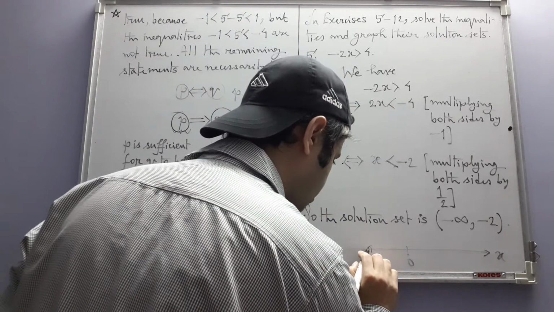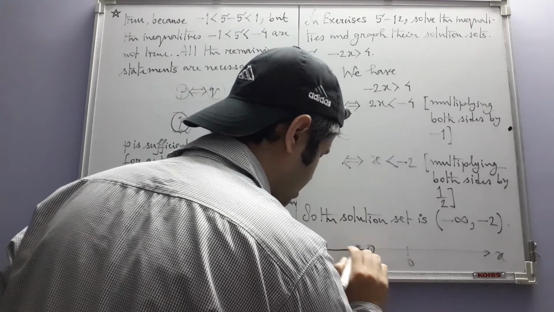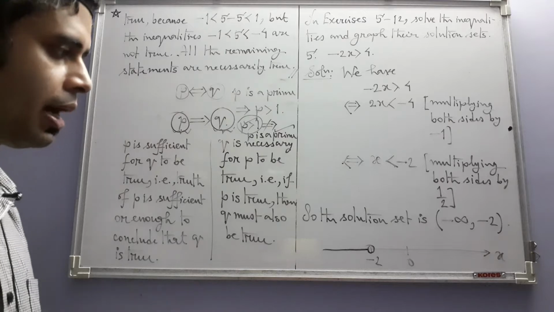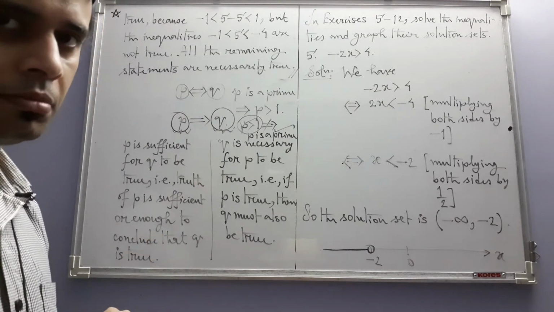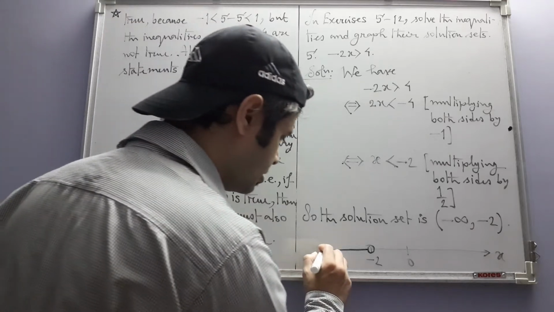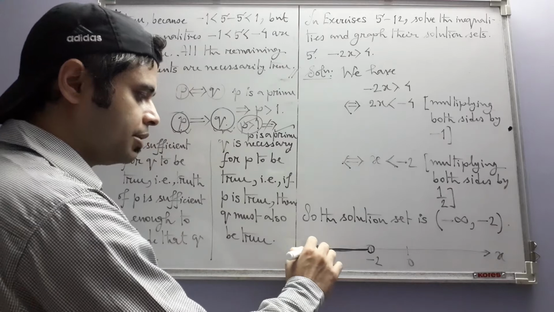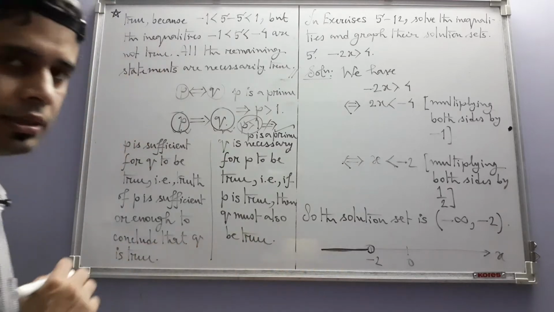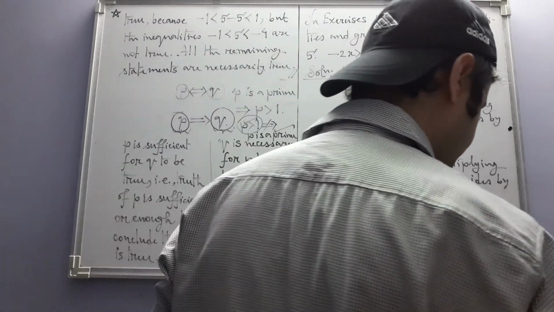Then the graph is the set of all real numbers that lie to the left of minus 2, not including minus 2. Okay, so that is this ray, the graph which extends indefinitely in this direction. It's unbounded in that direction.